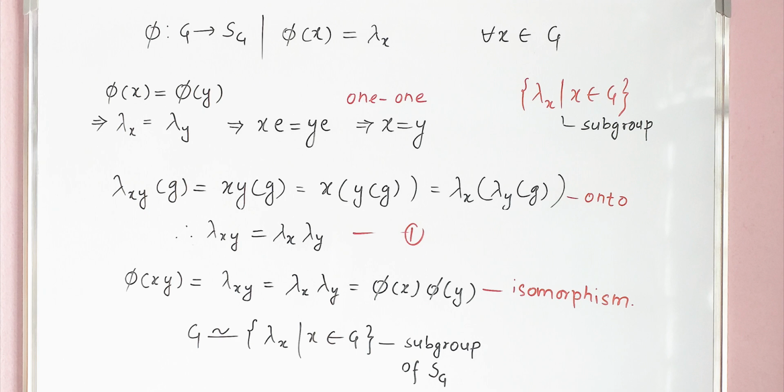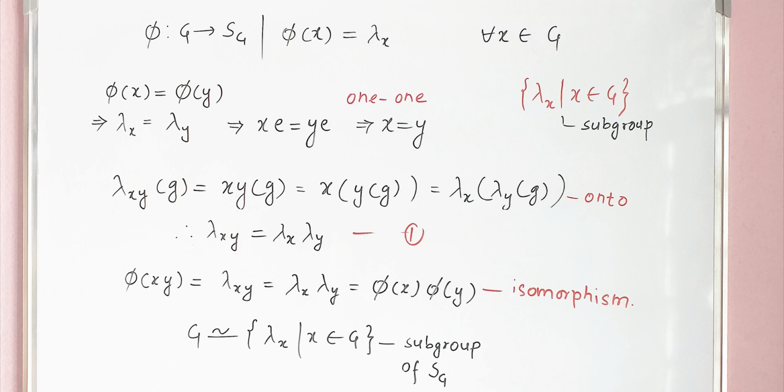For that, consider a relation phi from G to S_G such that phi of x equals lambda_x for all x belonging to G. x belongs to G and lambda_x belongs to S_G. Then the set of lambda_x for all x belonging to G is the required subgroup.